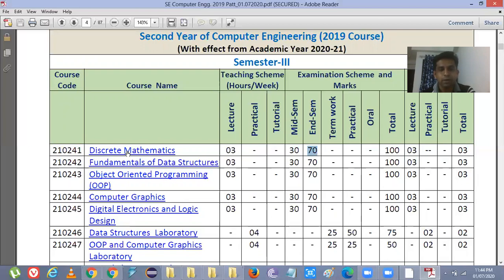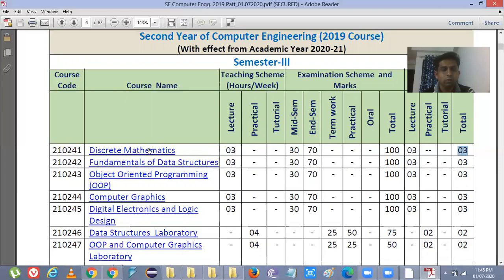As we see, discrete mathematics requires 3 lectures per week, meaning 3 hours per week. The examination scheme is divided into two parts, mid-sem and end-sem. Mid-sem is of 30 marks and end-sem is of 70 marks, a total of 100 marks for this subject. The total credits for this subject are 3.